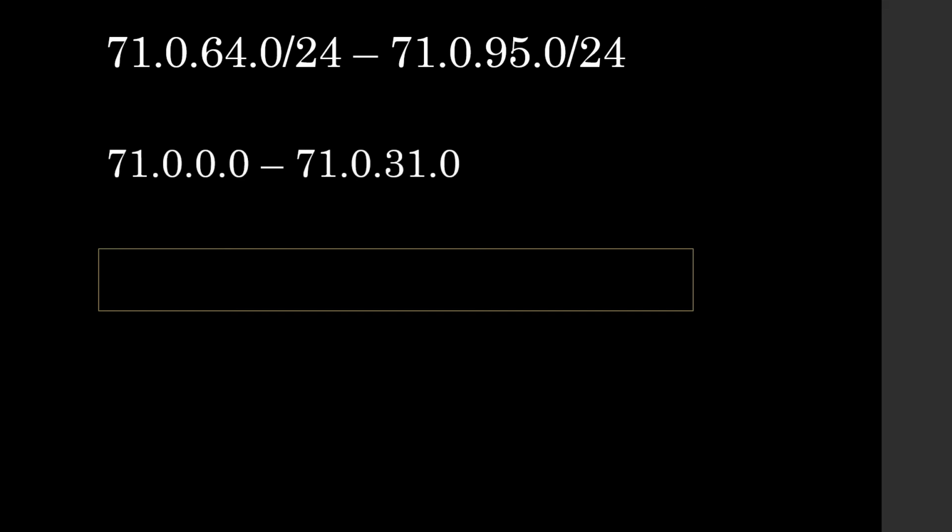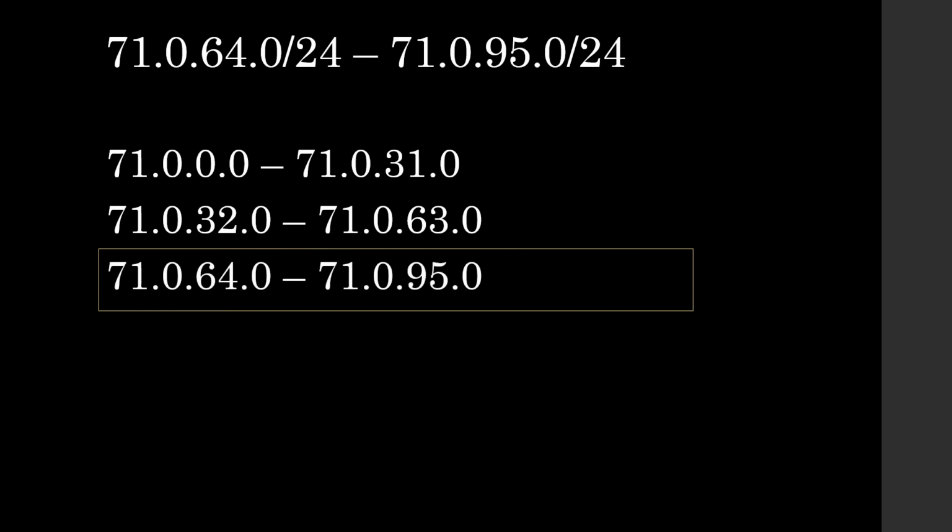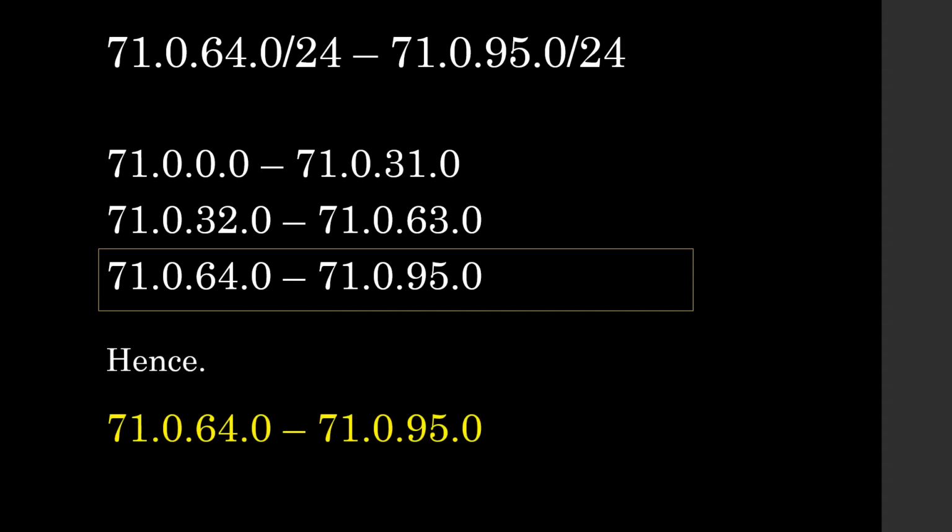Since we have an increment of 32, our first range is from 0 to 31, our second range is from 32 to 63, and our third range is from 64 to 95. As you can see, the given example is in the third range, from 64 to 95. Hence, the summarized range is 64 to 95.